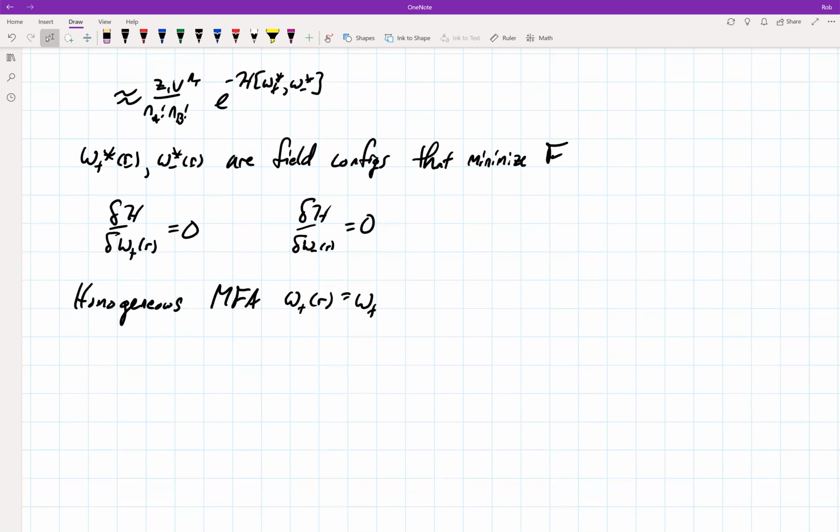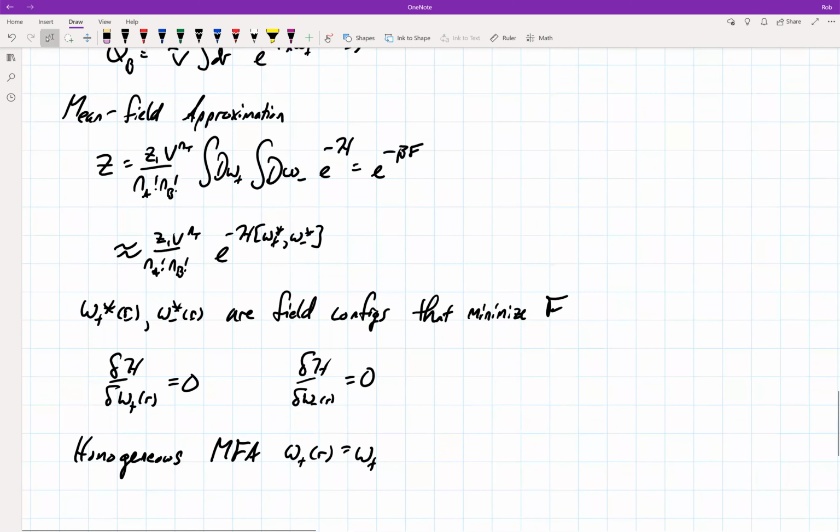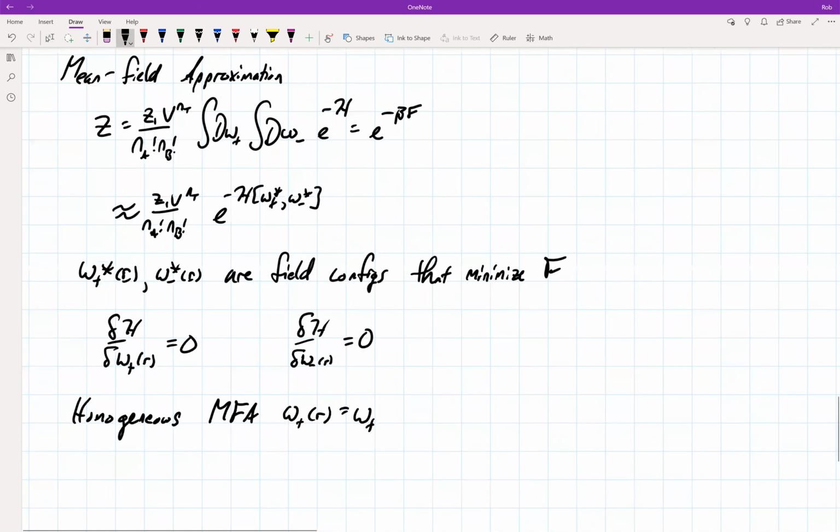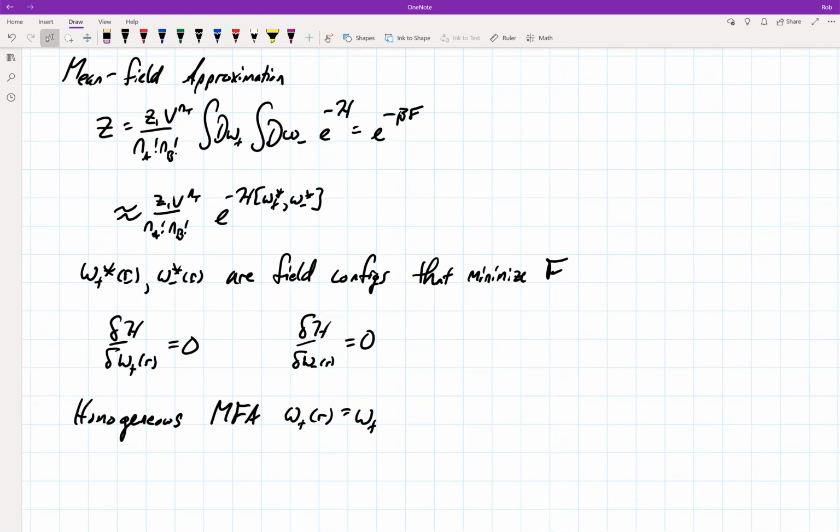Okay, so if we go back all the way up to our partition function, up here we can start plugging in some of these things. Actually, let's just go ahead and start writing this out as a free energy. So I'm going to play a couple of tricks where I'm going to solve this for the free energy.